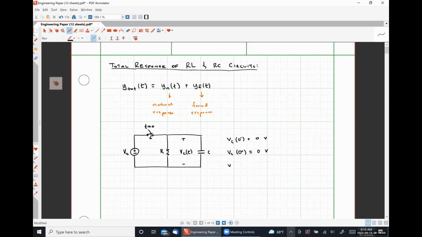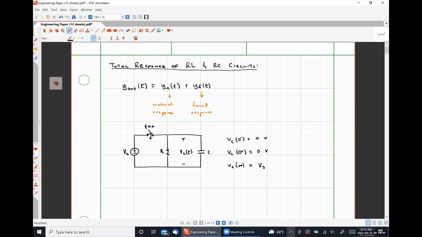Now, here's where we get into the forced response. The forced response is what happens to our quantity of interest a long time after the transient condition has died out in the presence of a forcing function, where the forcing function in this case is literally just that DC voltage source Vs. So a very long time after our switch has closed, our capacitor voltage should be at a level of Vs volts because it's connected directly in parallel to the voltage source Vs. Okay.